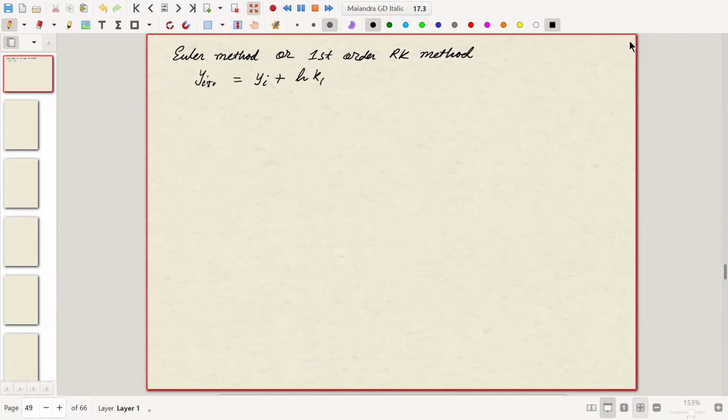So that I am writing as k1, where k1 is f of (x_i, y_i). Am I correct?